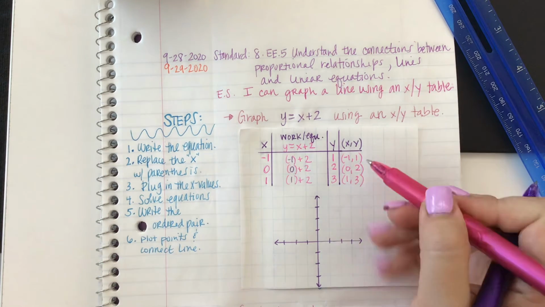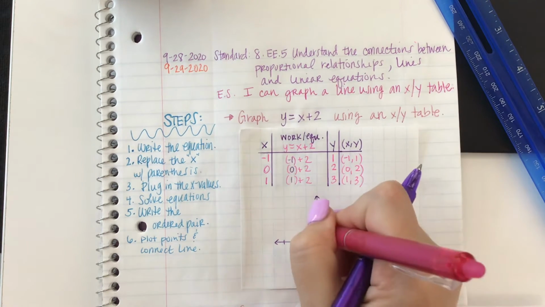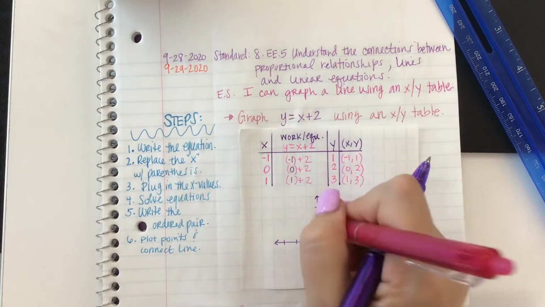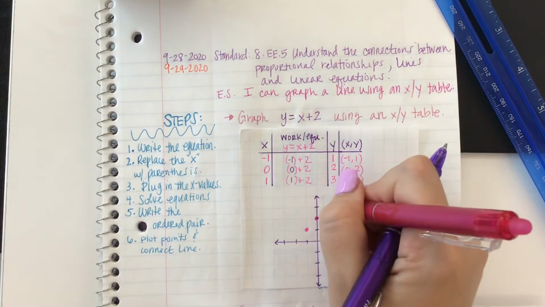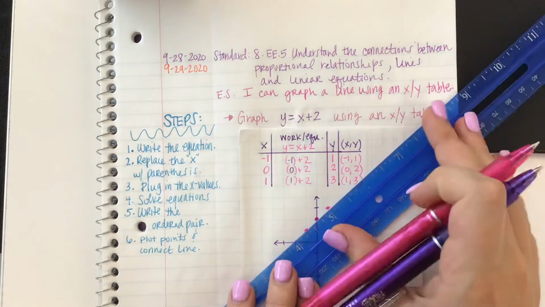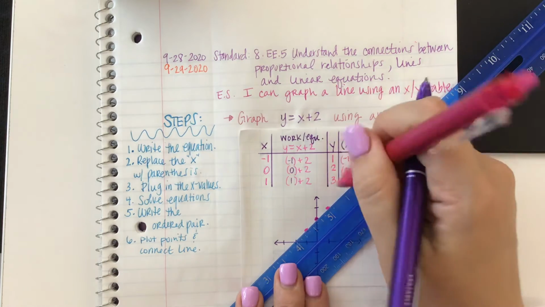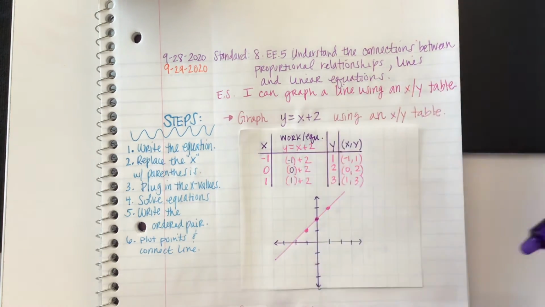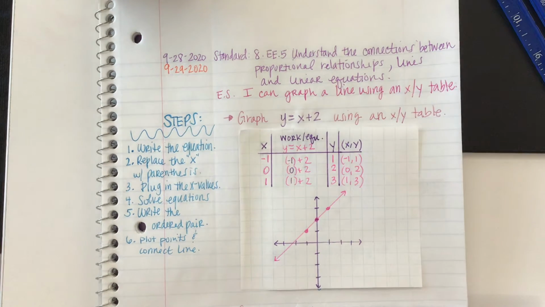So I'm going to go ahead and do that. Negative 1 comma 1 is right here. 0 comma 2 is up here, and 1 comma 3 is up here. And yes, we have a pattern. I'm going to go ahead and connect my dots, and draw my arrows at the ends, because remember, arrows signify a line.